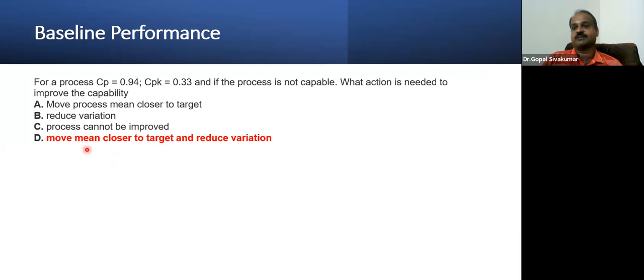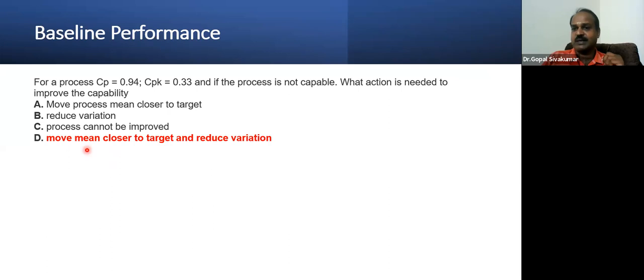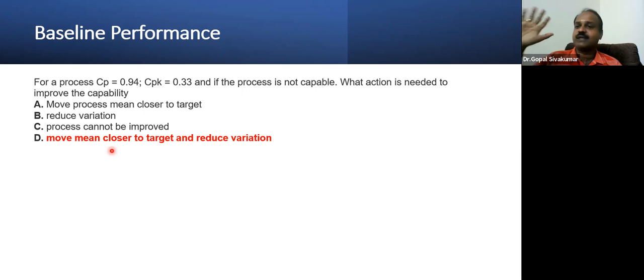Am I correct or not? Yes, sir. If the doctor is giving you the correct advice, if the patient is following the advice correctly, definitely the mean will move towards the target. Your HbA1c sugar level will definitely come down. If any of you have a diabetes problem, you can try. You can even publish your findings in a paper. A lot of papers are available for your reference.